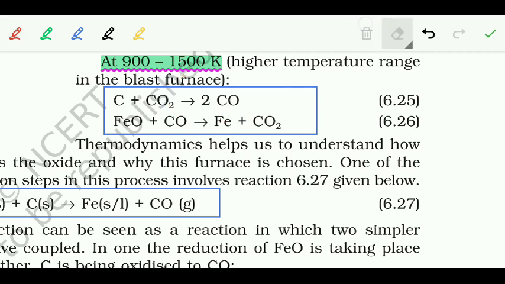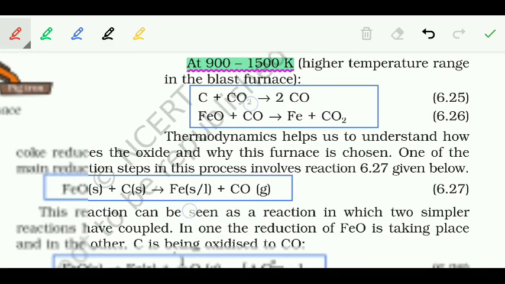In the second reaction, ferrous oxide, which is produced at 500 Kelvin, reacts with the carbon monoxide and produces Fe and carbon dioxide. Here we get metallic Fe and another component, carbon dioxide, which is in gas form, and it is removed from the blast furnace.